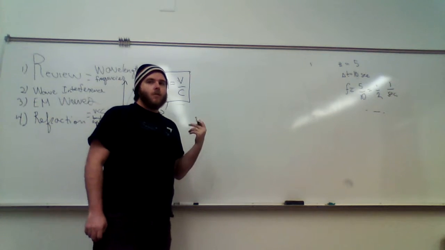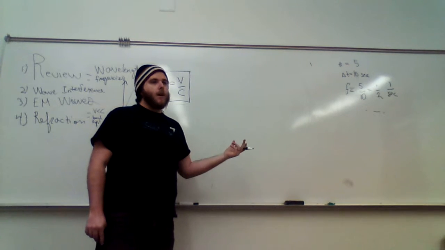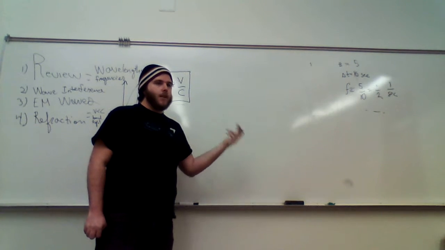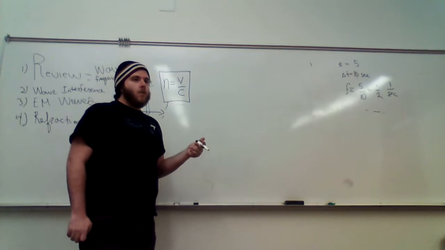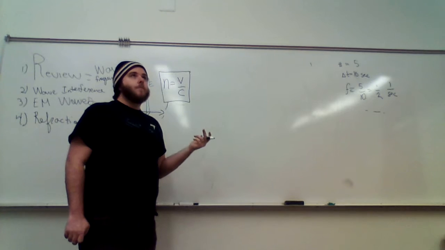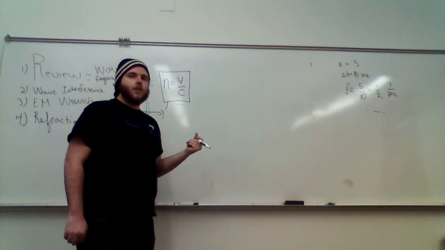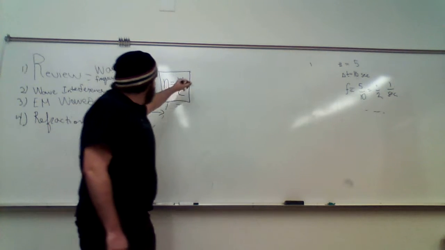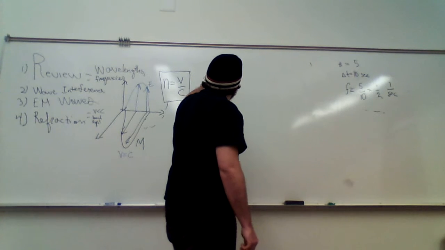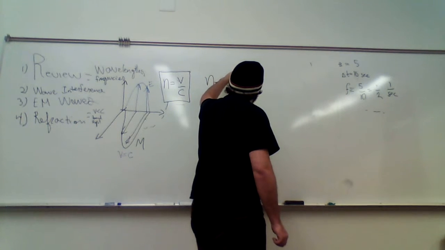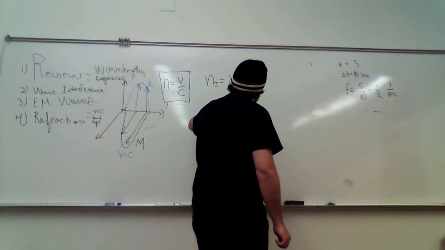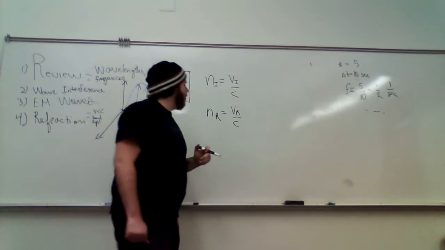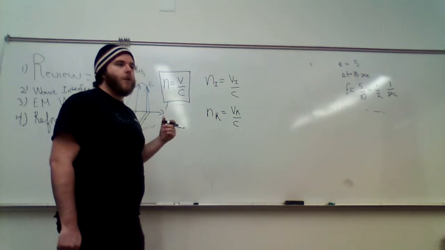So if we call Ni and Vi the incident index of refraction and speed, and Nr and Vr the refracted index of refraction and velocity, we can rearrange. Oh, yes.